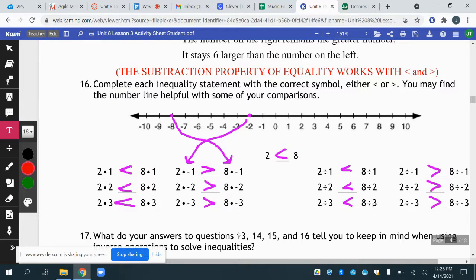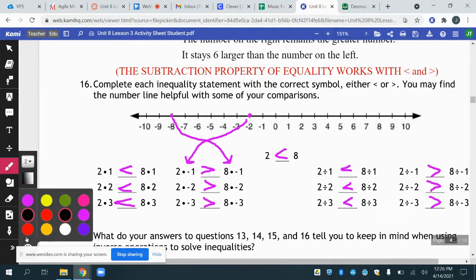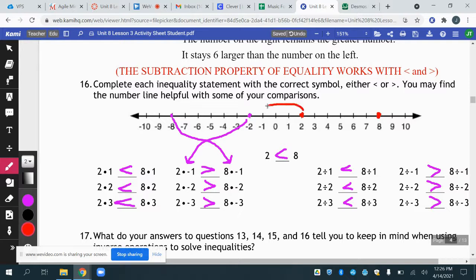However, when I multiply by negative 1, notice these numbers start out as 2 and 8, right? If I multiply 2 times negative 1, it moves to negative 2. And 8 moves to negative 8.